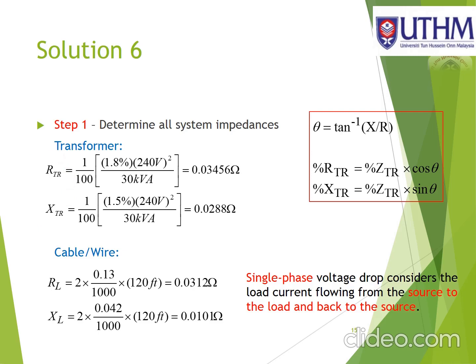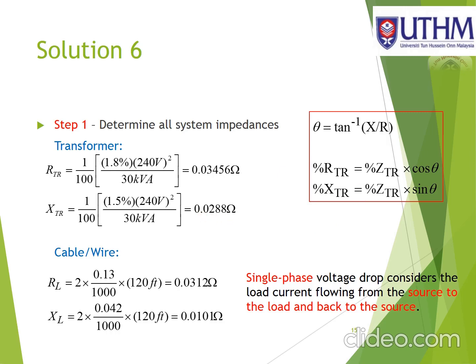We already know the RTR percentage and XTR percentage. If not given in the questions, we have to calculate the percentage of RTR and XTR by using this formula. Then we get the R and X value of the transformer.